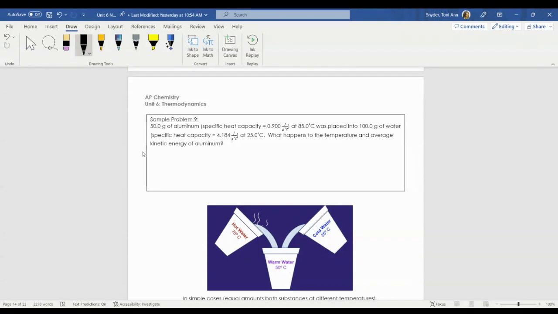Well, the temperature is going down. Temperature decreases. And if the temperature decreases, this also means that the kinetic energy must also be decreasing. And this is for the aluminum. If it was asking for the water, we would say the temperature and the kinetic energy are both increasing.